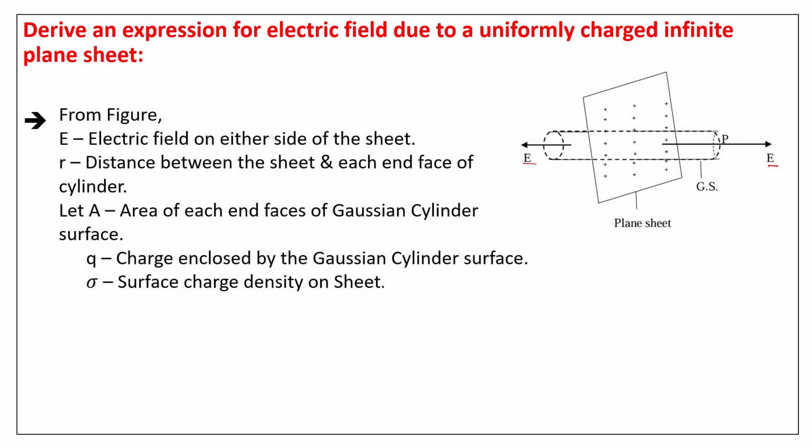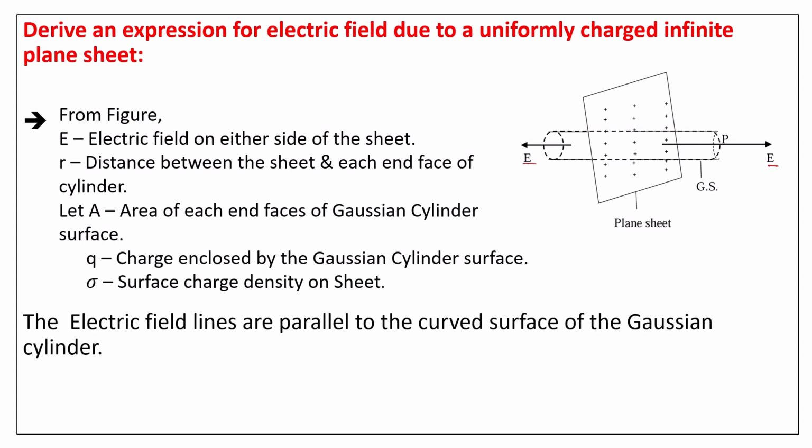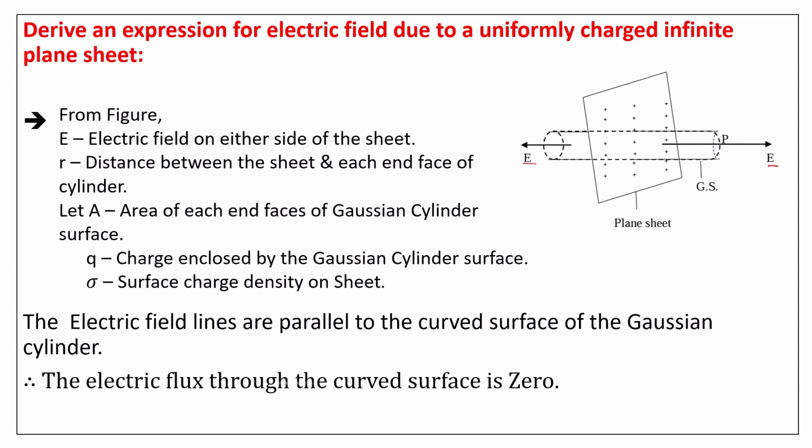Q is charge enclosed by the Gaussian cylinder surface. Sigma is surface charge density on sheet. The electric field lines are parallel to the curved surface of the Gaussian cylinder. Therefore, the electric flux through the curved surface is 0.